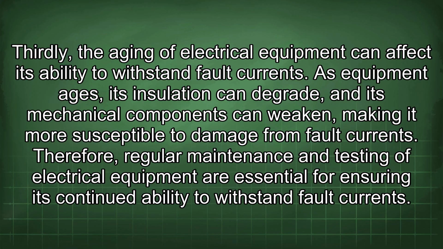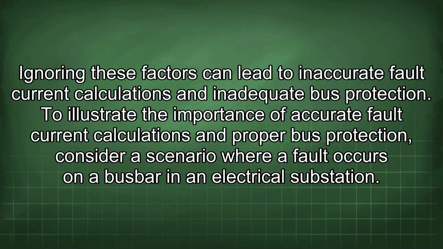As equipment ages, its insulation can degrade, and its mechanical components can weaken, making it more susceptible to damage from fault currents. Therefore, regular maintenance and testing of electrical equipment are essential for ensuring its continued ability to withstand fault currents. Ignoring these factors can lead to inaccurate fault current calculations and inadequate bus protection.